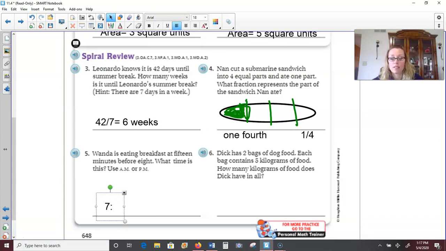We put our colon to separate our hours and minutes. And remember, if we are at the 12, our minute hand is pointed at the 12, that would be 8 o'clock, but now we need to go counterclockwise 15 minutes. So 5, 10, 15, we would now be pointing at the 9 on our clock.